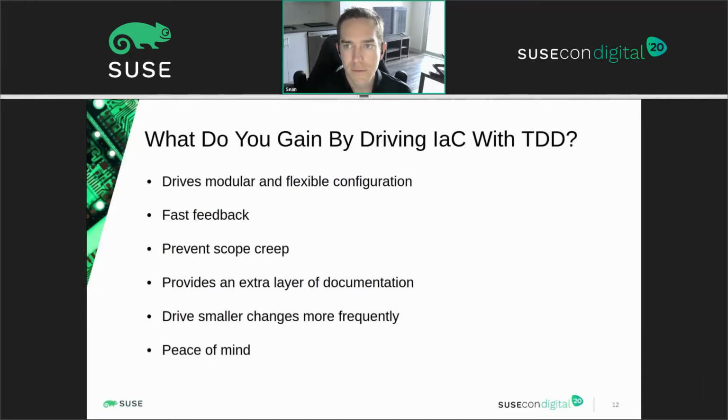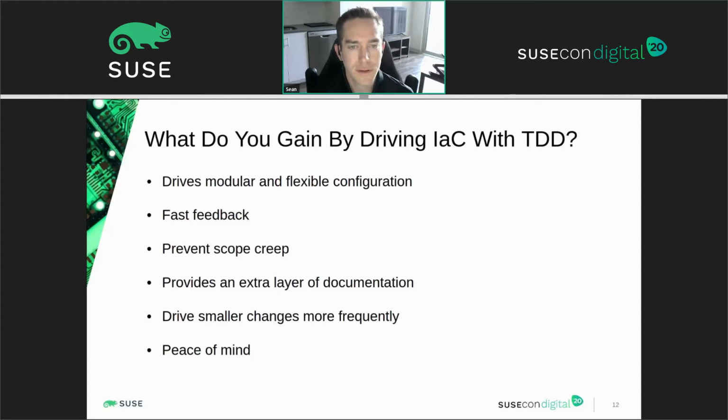For example, you may have a requirement on the Apache 2 package. If this is a separate state, it can then be reused for any server in your infrastructure, and it also can be easily replaced by, say, an Nginx state if you choose to pivot to a different tech stack.